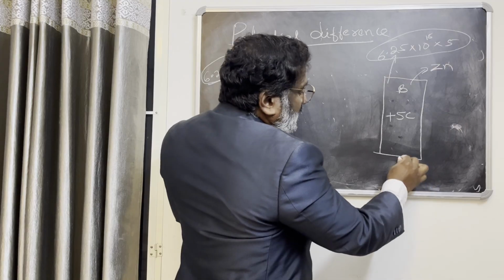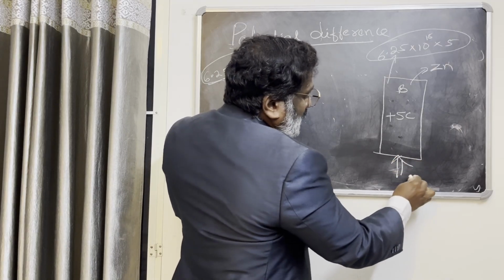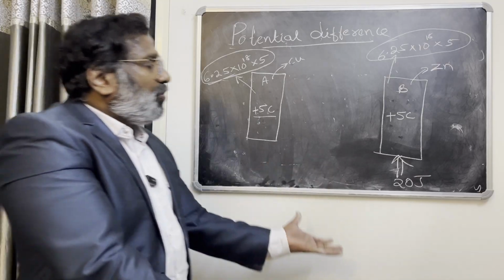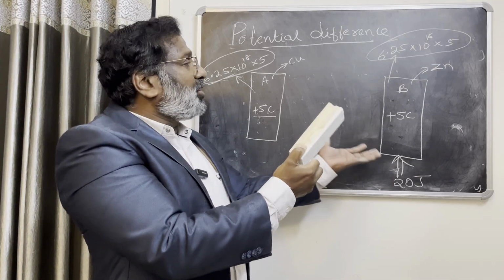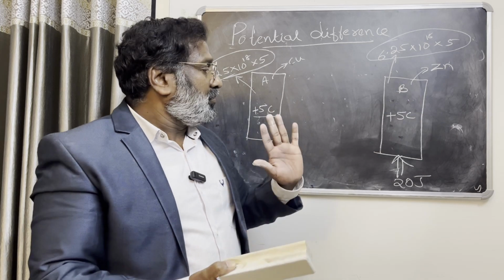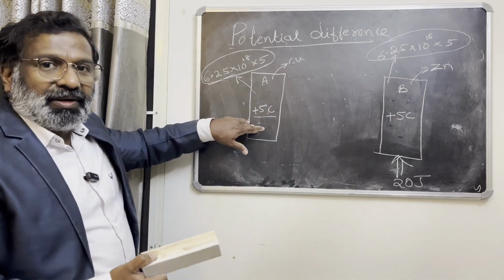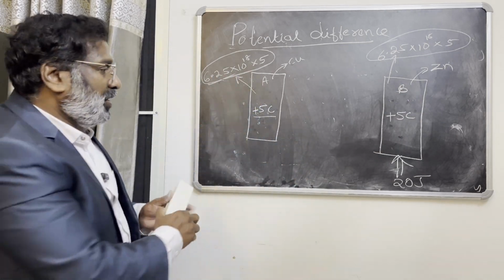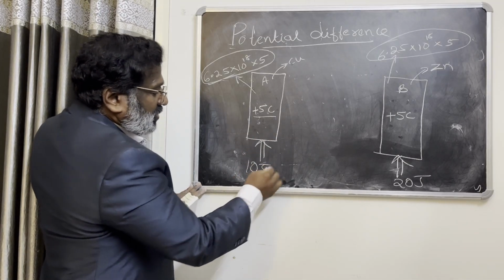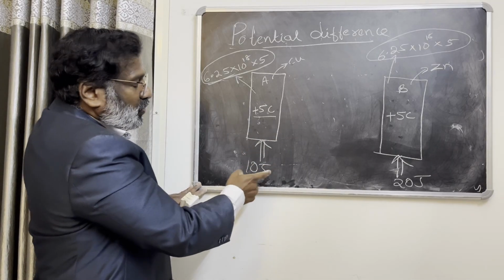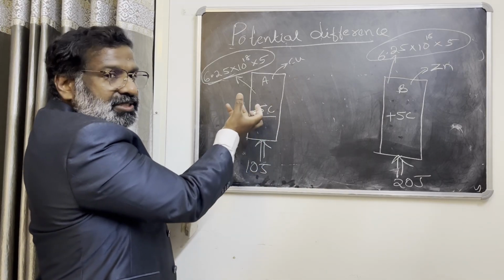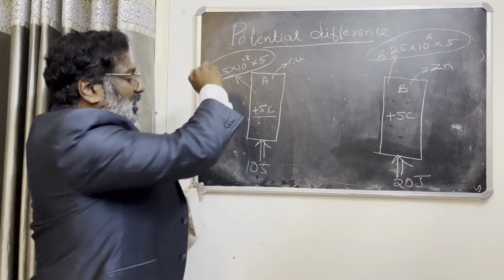So, I am applying 20 joules of thermal energy to remove this many electrons from this body. But come to the case of copper. Binding energy is very less, so I need to apply only 10 joules. This numeric is an example only. So, I am applying only 10 joules for overcoming this binding energy and removing this many electrons.